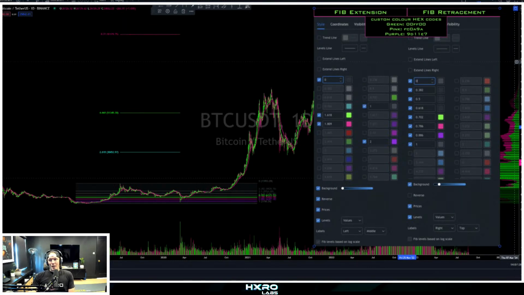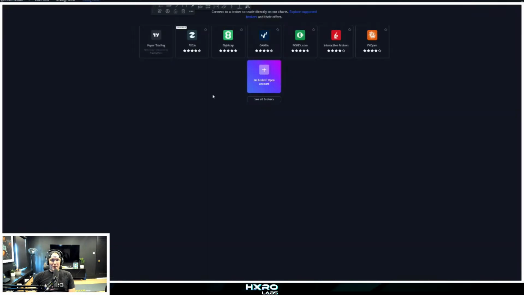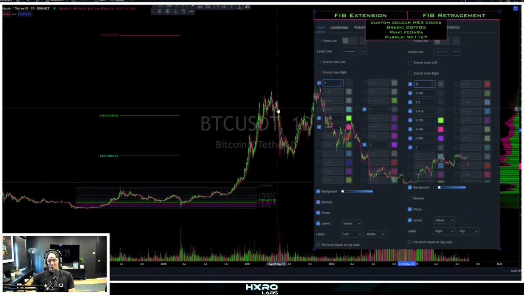And as with anything in trading, it's a good idea to start off small, testing, whether that's micro-sized bets or just paper trading, which you can do right here on TradingView. If you go down here to the trading panel, you pull that up and you can just click here, paper trading, connect. And it'll give you a little fake account that you can trade directly on TradingView.